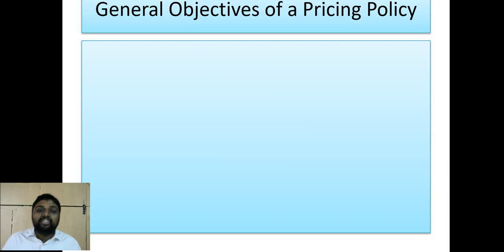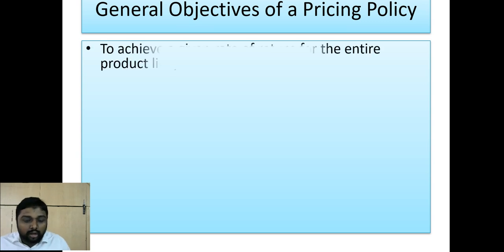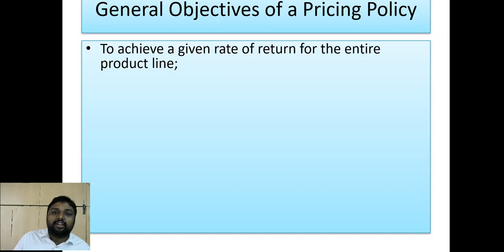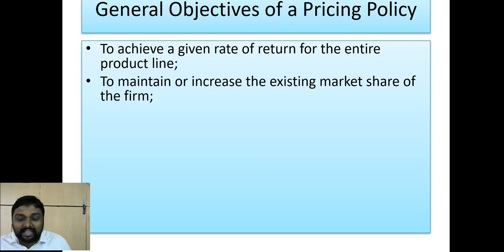Next is the general objective of a pricing policy. What is the role of the objective? Definitely one of the objectives will be the profit you want to get. You want a return on investment, to achieve a rate of return on the product line, and to maintain or increase the existing market share.